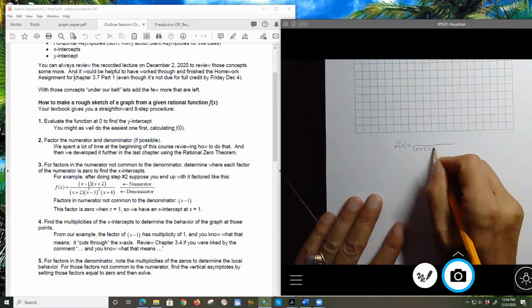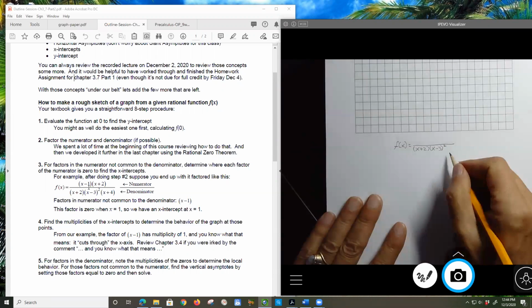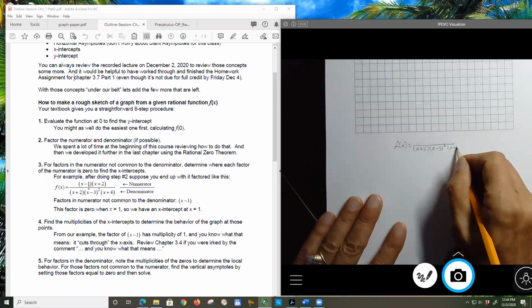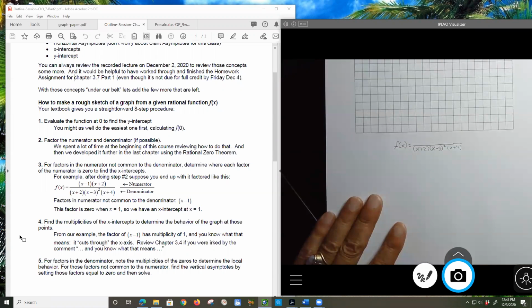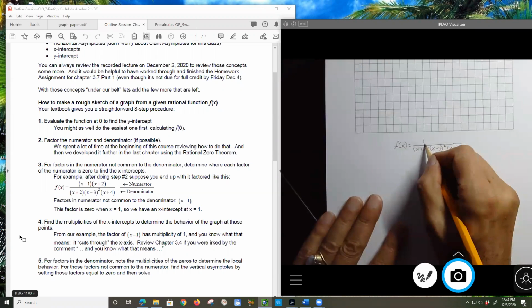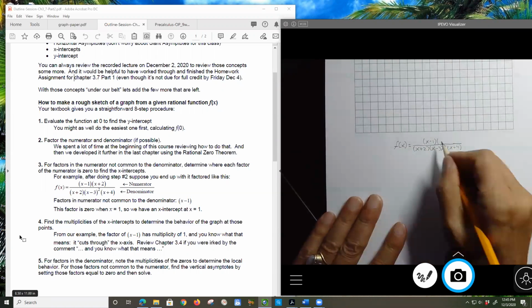And I've got x minus 3, and that's squared. So this factor is of multiplicity 2. This factor is multiplicity 1. Then I have this one, which is multiplicity 1. And then let's get our numerator in there, x minus 1, and x plus 2.